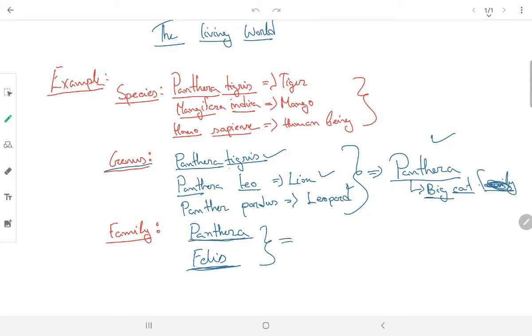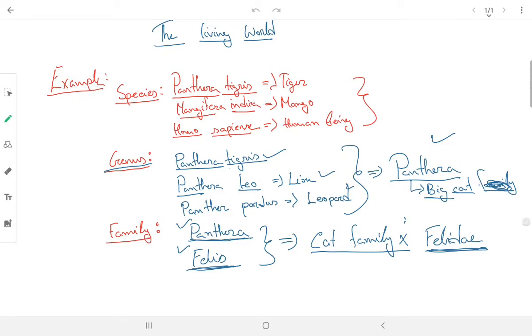Together they make the cat family, which scientifically is known as Felidae. So what happened here? Similar genera made one family, that is Felidae. Similar genera like Panthera and Felis came together and made Felidae.